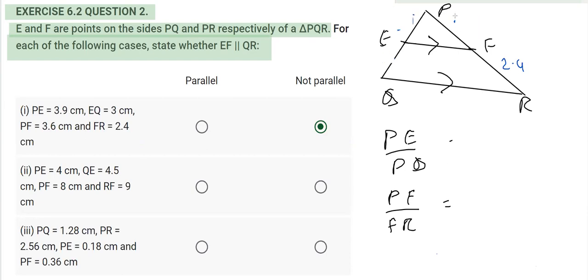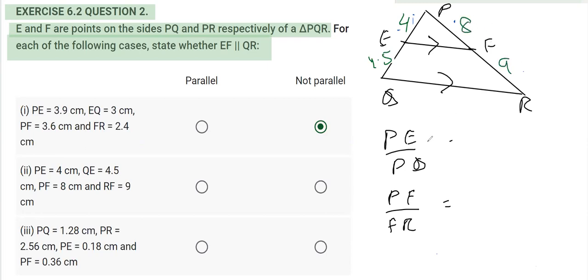In the next part, the figure remains the same. The information given here for the second part is PE is 4, EQ is 4.5, PF is 8 and RF is 9.